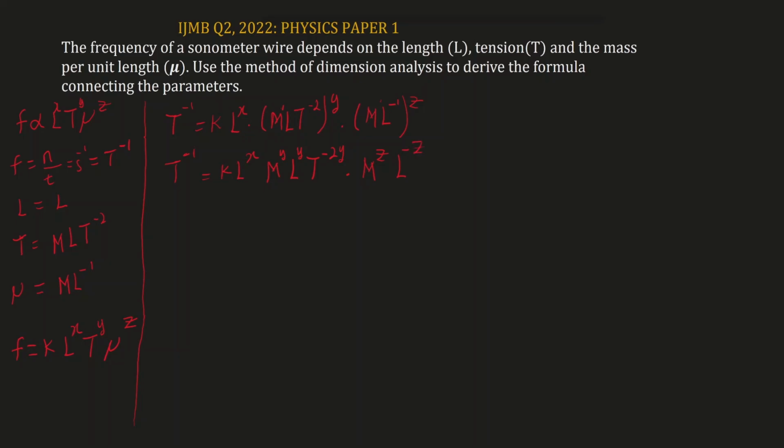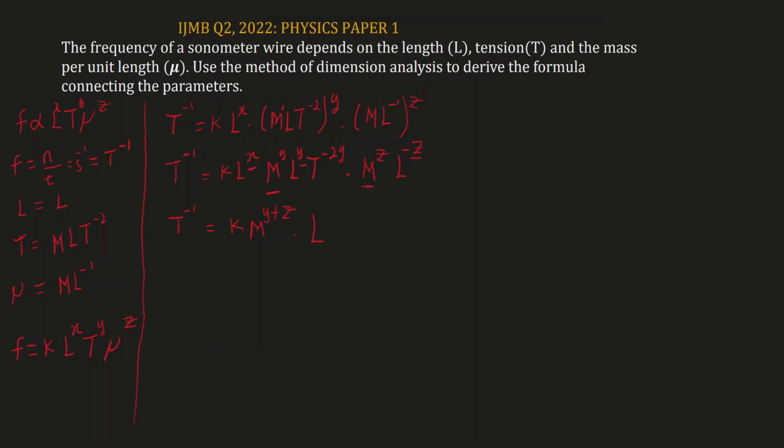Next thing we do is combine similar terms. So we have k, let's begin with M. M to the power of y plus z is going to give us M to the power of y plus z. Followed by L, we have L to the power of x here, L to the power of y, and L to the power of -z.